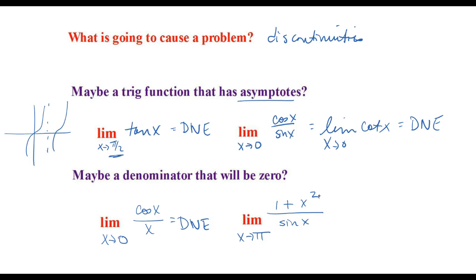If you try to plug in the pi, then you're going to end up with 1 plus pi squared all over the sine of pi. Well, what's the sine of pi? That's just a 0. So once again, you have a number over 0, which means that graphically there is probably an asymptote happening, and it's a does not exist. So all of those are just be super careful. Try to plug it in. If it's a number over 0, you can say does not exist, okay?